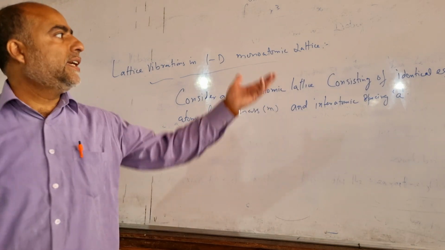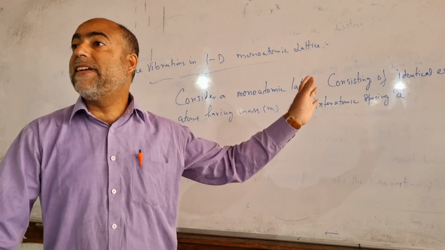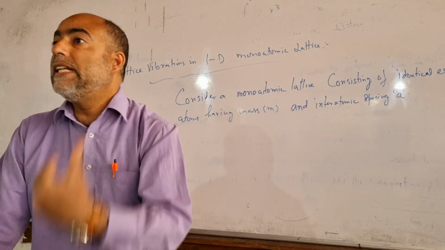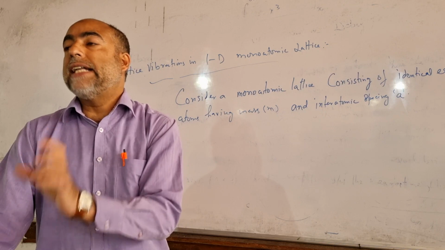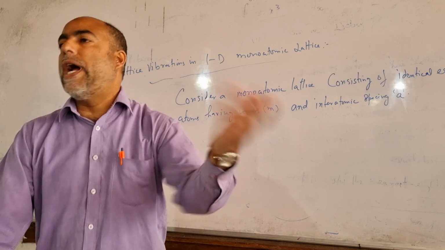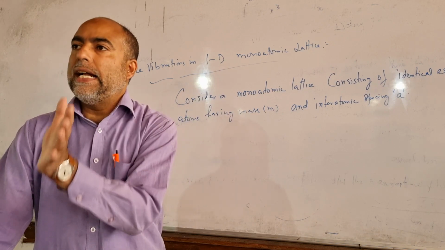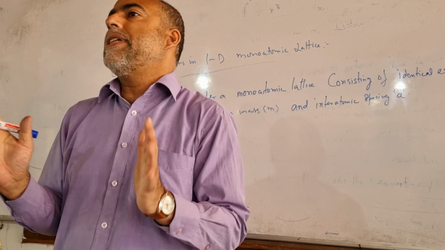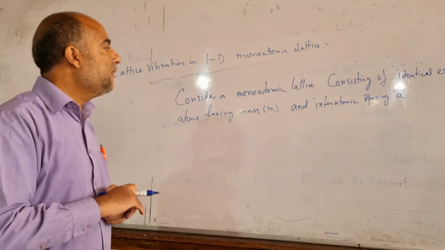That's why I have written here identical and equidistant. They are arranged within the crystal in such a way that the distance between the atoms is the same, that is a. Between 1 and 2, 2 and 3, 3 and 4, the distance between the two atoms is always a. That means they are equidistant.